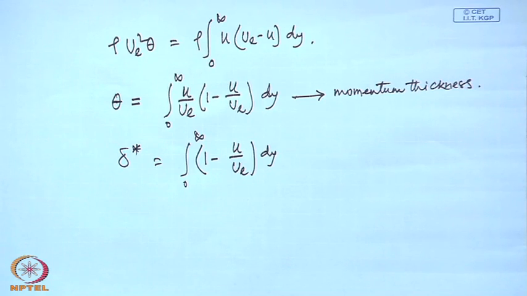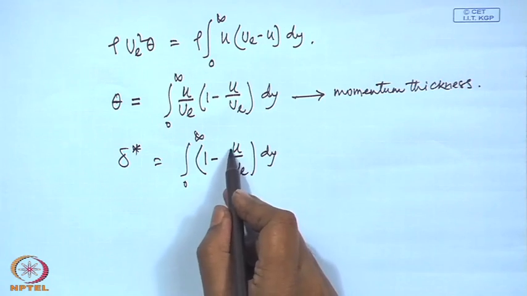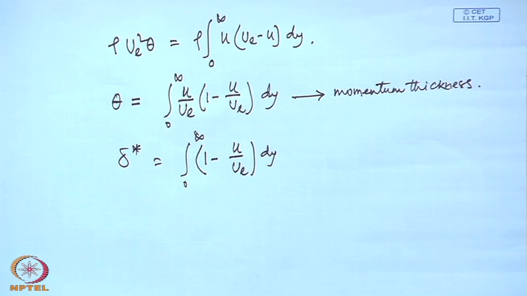One by rho. No, see, this will be simply rho u by rho e u e, because what will be the defect in mass flow? In the inviscid flow, the mass flow would have been rho e u e. Okay. In the viscous flow, where the density is changing, the mass flow would have been rho u.